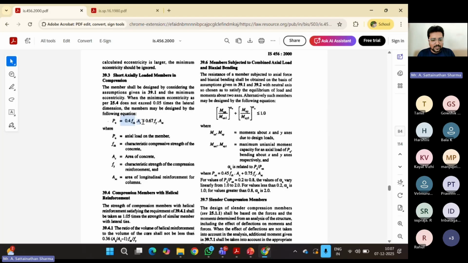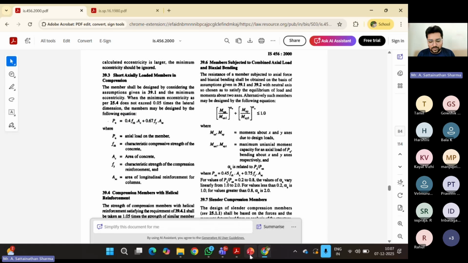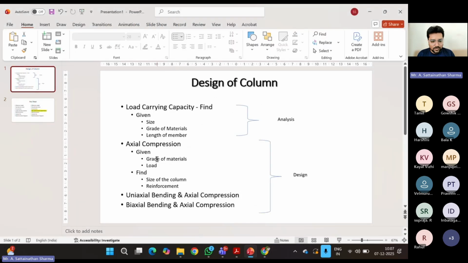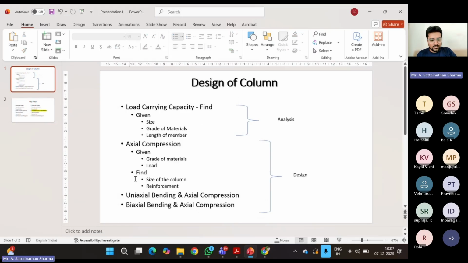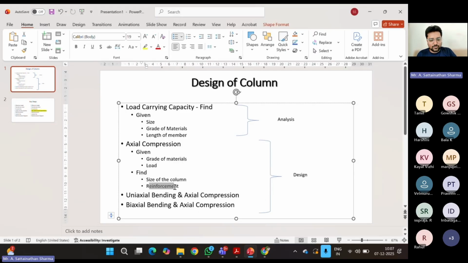The first part is the concrete part, this part is the steel part. Whatever is asked, if you are supposed to find the LHS, then use the formula directly. If you are supposed to calculate the RHS, then LHS will be given. What is LHS? Load carrying capacity. Load is given. Then you have to find out the size of the column and reinforcement.